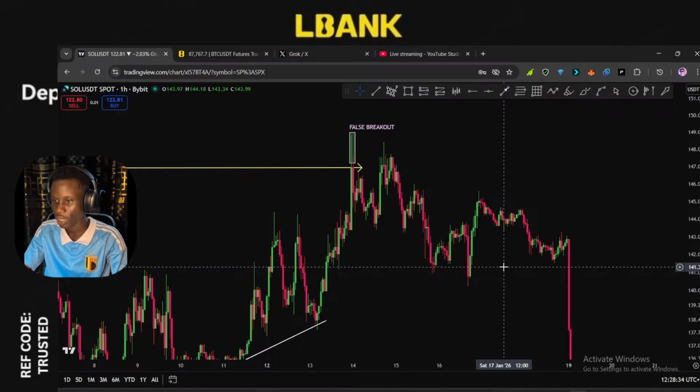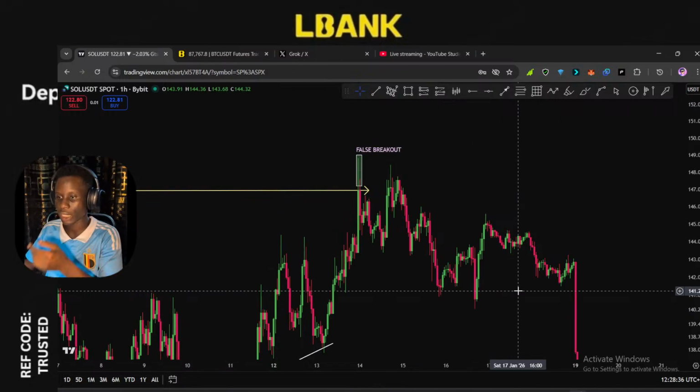a false breakout. I have some people that whenever they cite their resistance and support level, immediately the market breaks out of that resistance level, they place their buy and have their stop loss below their resistance level.